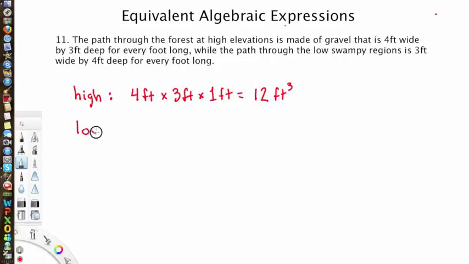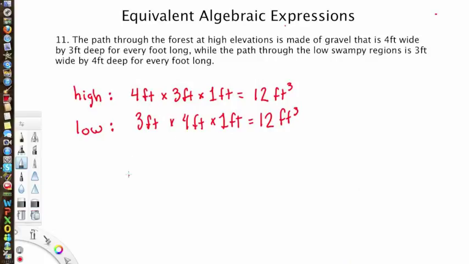And then at the low elevation, in the swampy regions, the dimensions are 3 feet wide by 4 feet deep for every foot long. And sure enough, when I multiply this, I will also get 12 cubic feet as well. So 12 cubic feet of gravel for every foot of path.